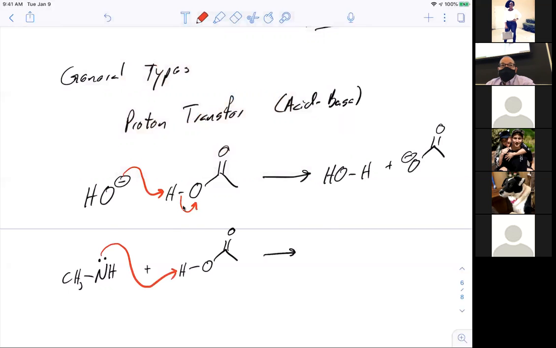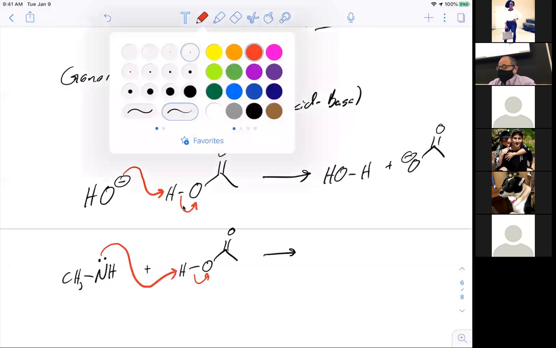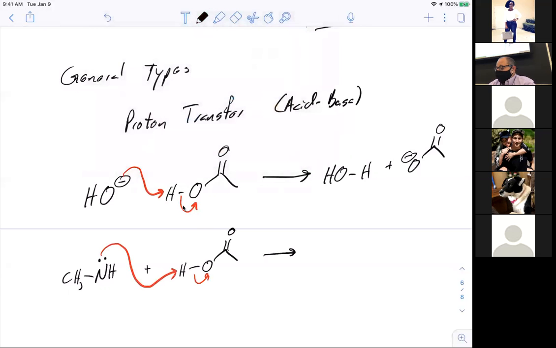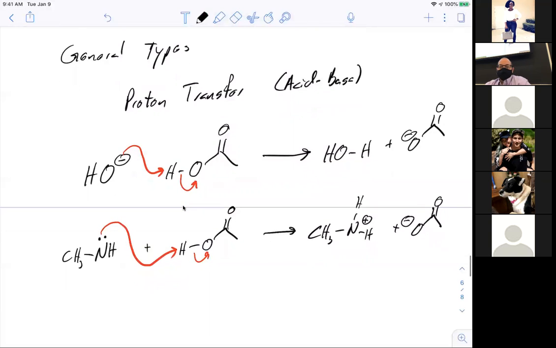That amine has a lone pair and it can accept that proton. So it does. So we get a proton transfer. The carboxylic acid loses the proton. Now, since it was neutral, it's giving up an electron, so it's going to be positive. Plus then the carboxylic acid, the carboxylate.